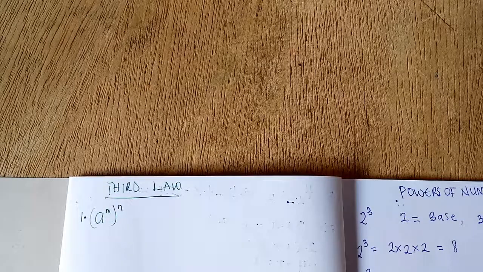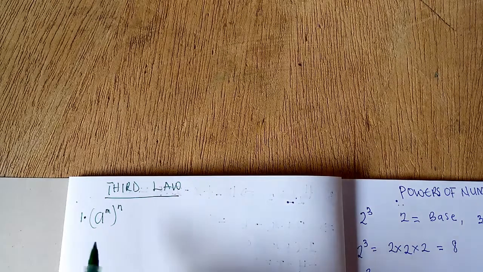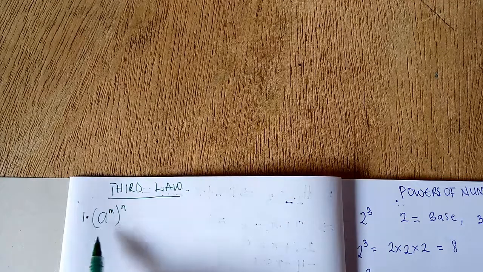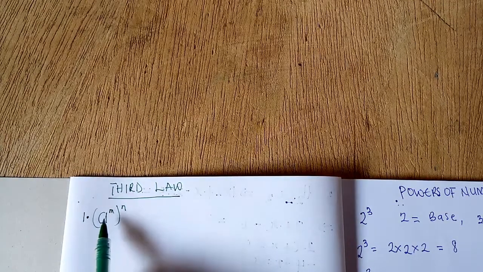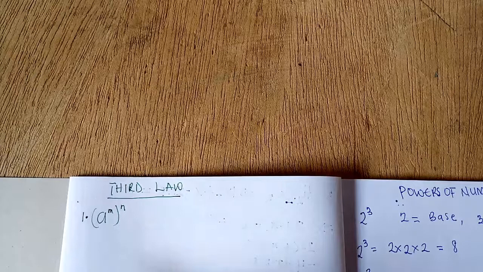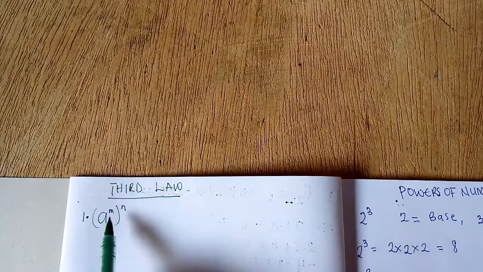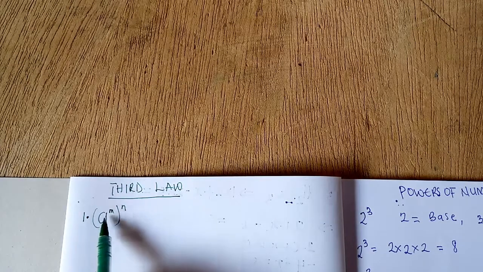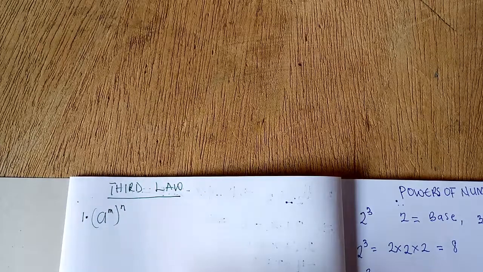Okay, so we are on the third law, and the third law is basically when a power is raised to another power. Like what I've written here, a raised to power m is raised to power n. So this power m is being raised to another power, which is n.